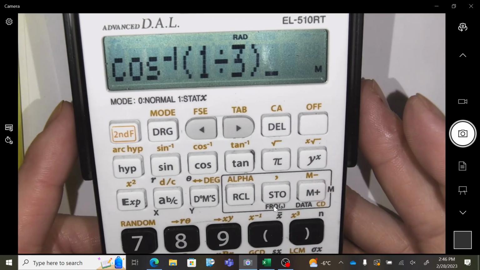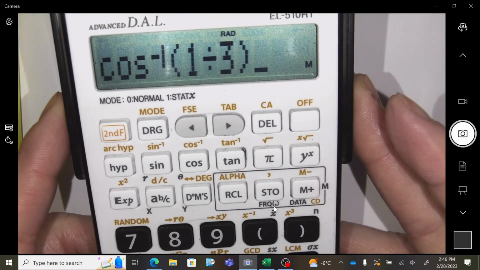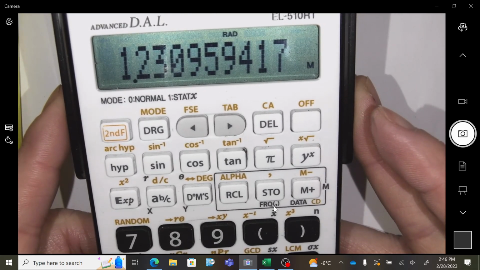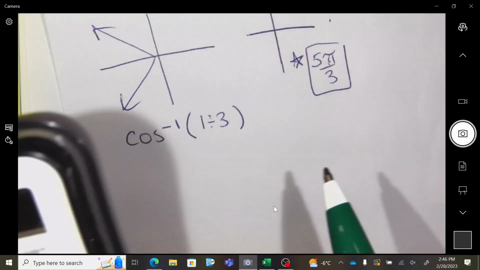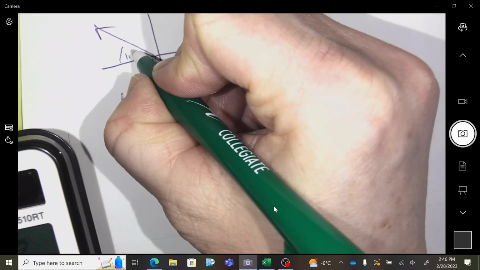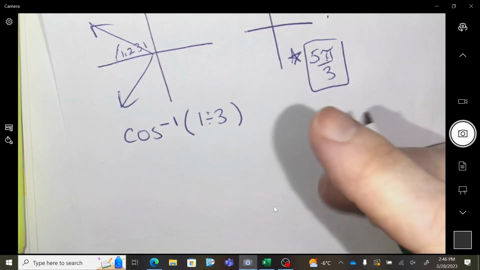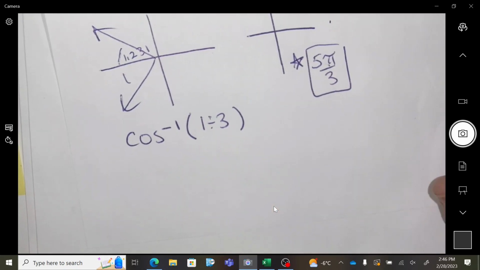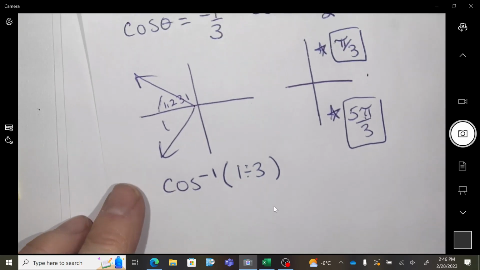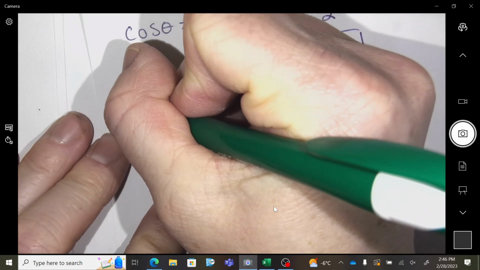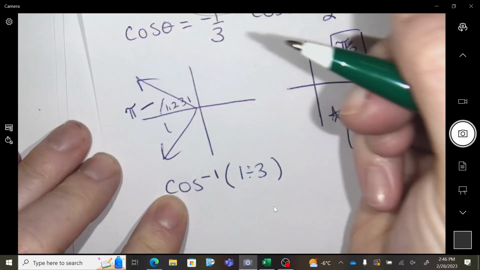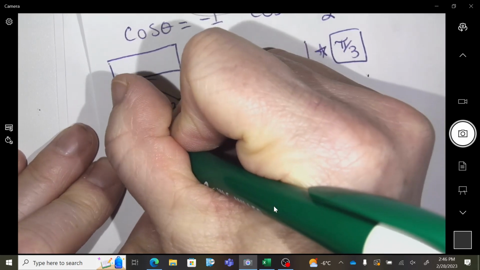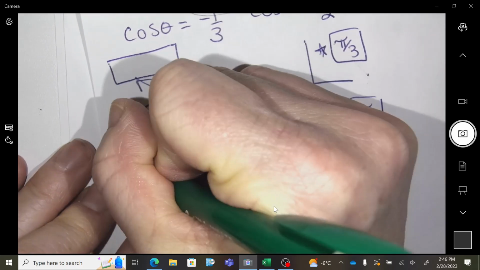Okay, so here's my type. Cos inverse of 1/3 in radian mode. That's how many radians I have in a reference amount, right? Not my answer though. That's just my reference. So I'm going to do pi minus that number, get it, and pi plus that number and get that.